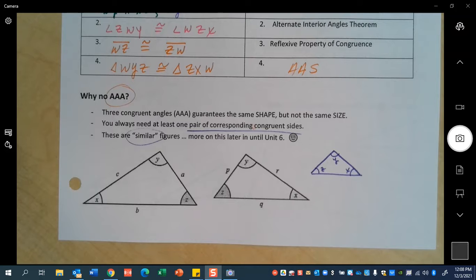Similar triangles have the same shape. All my angles are the same. But similar triangles do not necessarily have to have the same size. So these are not congruent because I need at least one side in order to establish how big it is.